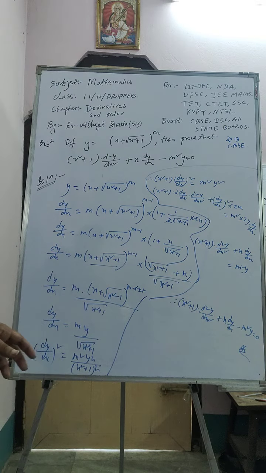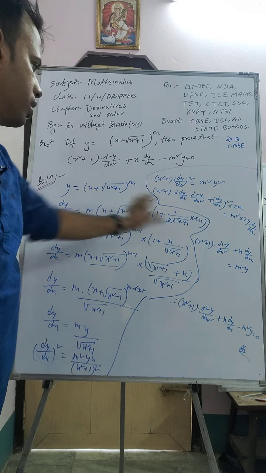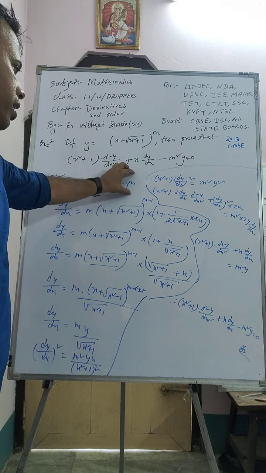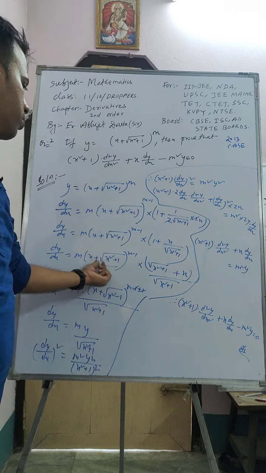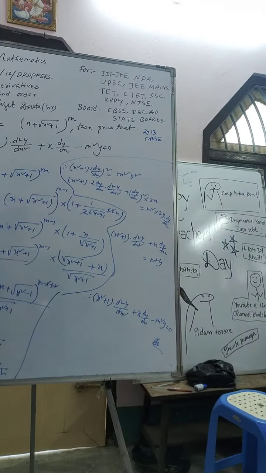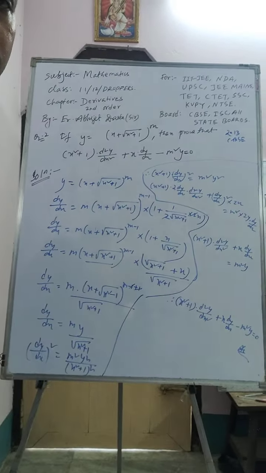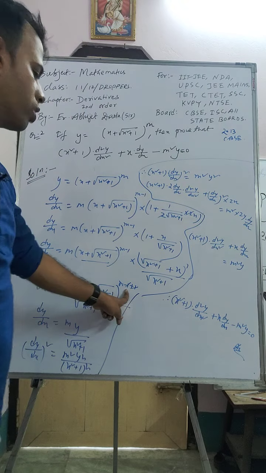So what I am doing here, I just take the part and differentiate it. First differentiating the power, and after that the inner part. After simplification, this part and this part have the same base. If the base is the same, then the powers will be added. This one is 1, is not it? So the powers will be added, and the same 1 will cancel out.